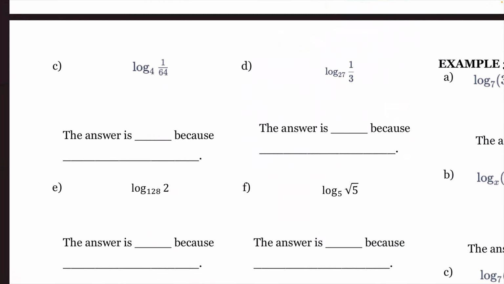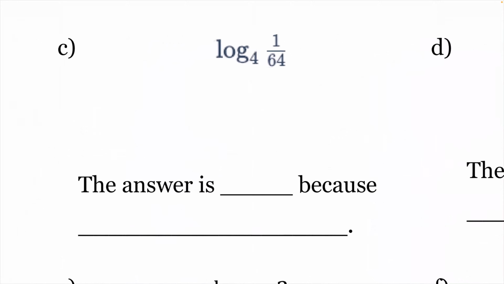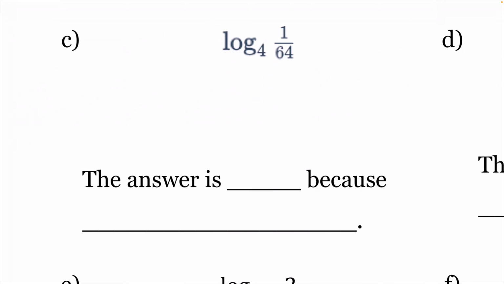All right, so let's look at 1C now. Which part is missing? The exponent again. So this is how I'm going to use the loop trick. We start at 4. 4 to what power?